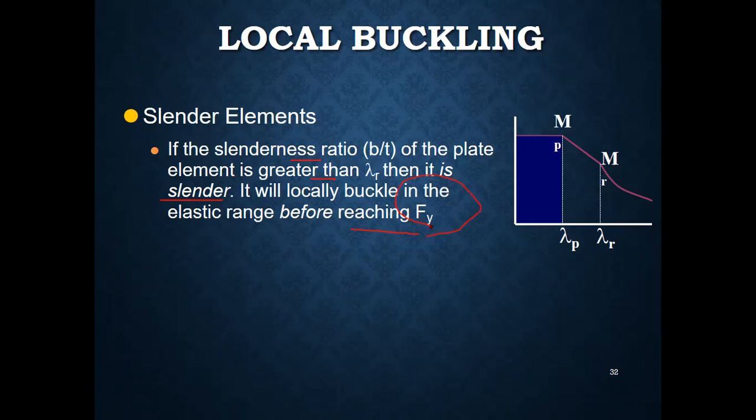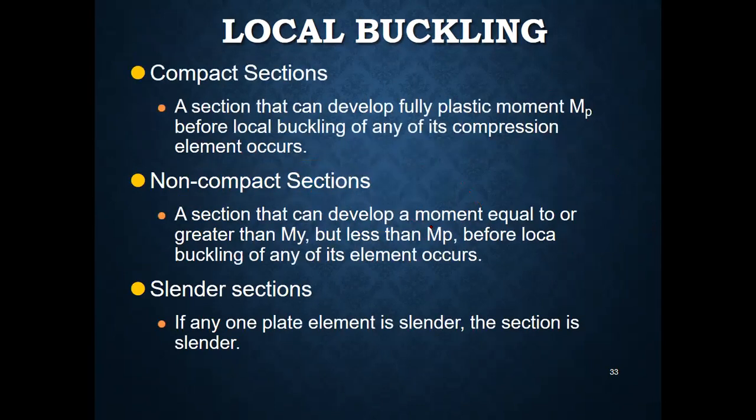So we have to prevent these types of failure by checking whether the beam is going to fail as a compact section, non-compact section, or slender section, and then design accordingly on the basis of the loading. A compact section can develop the full plastic moment before local buckling.